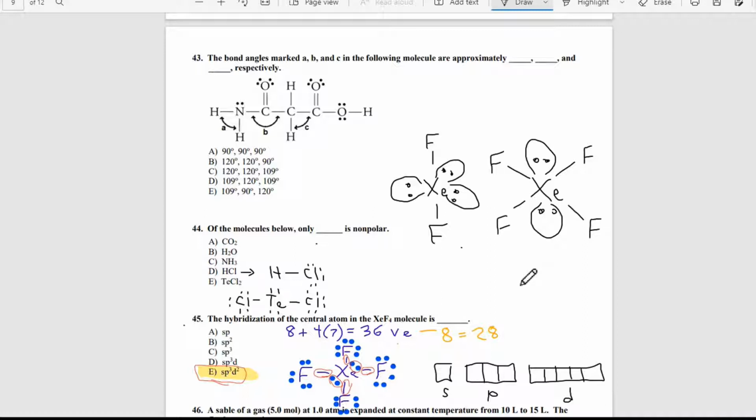So of these, which one would be nonpolar? I can't quite hear you guys back there, so if you want to make an answer, make it confident. H2O has a total of 8 valence electrons, right? So you have 2 hydrogens and 1 oxygen.